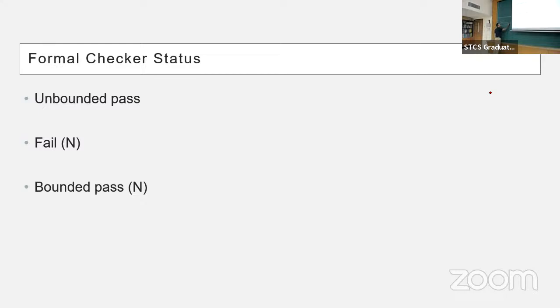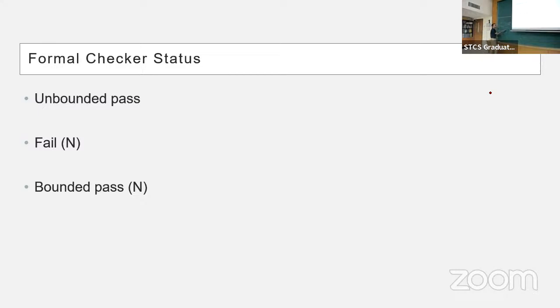A sends this valid to B, and B sends ready to A. There is a protocol between A and B that once A sends a valid, it keeps on sending until B says ready. Ready means that I have taken care of it.